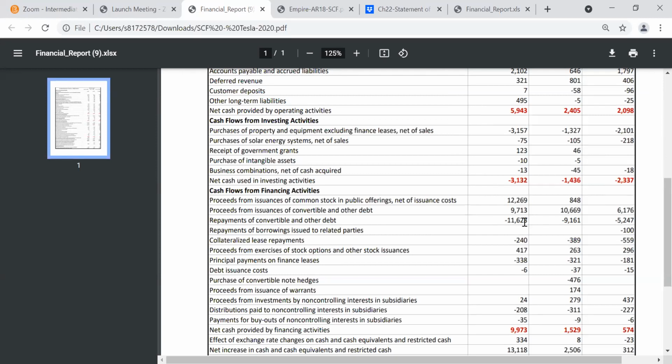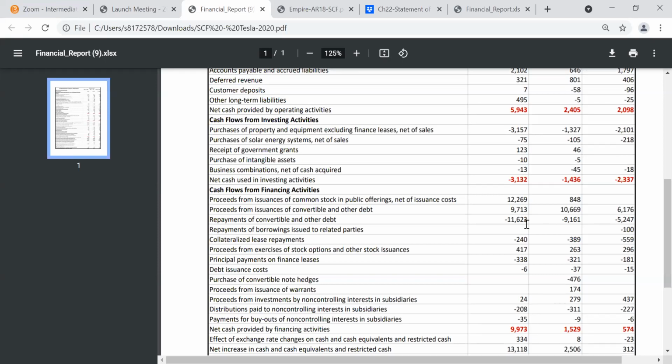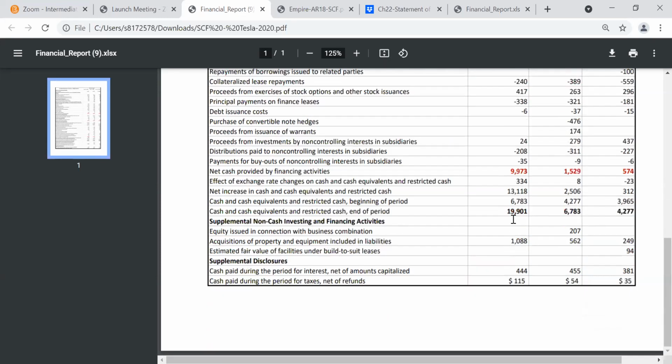So overall, the company's financing structure will be less debt, more equity, right? Tesla is in a very good situation right now. Look at the cash it has. It has 3 times as much cash in 2020 than 2019. So that's about Tesla.